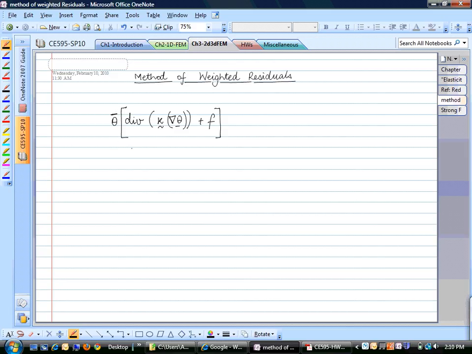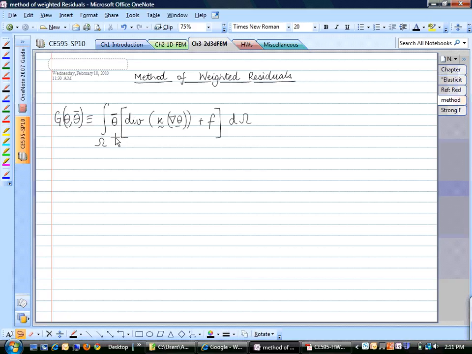Right now we have just chosen a two-dimensional domain, x and y, so we integrate over a domain which I'm going to call omega, with d omega. Then I'm just going to say that this is my quantity g of theta comma theta bar. This is how we start all types of problems. Take the governing differential equation, no need to add any boundary terms. Let them come out naturally from your integration by parts.